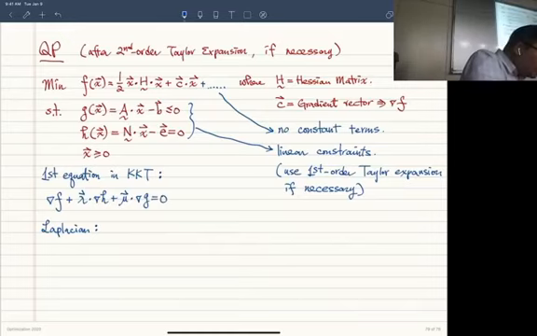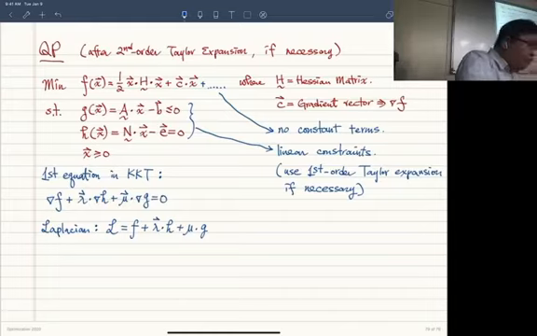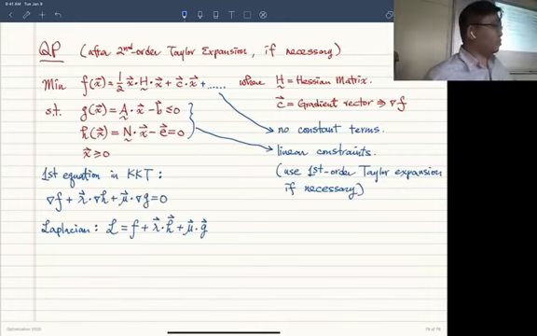So we usually just write Lagrangian L equals f plus lambda times h plus mu times g. Over here I have a vector of lambda and a vector of h, so those are vectors.